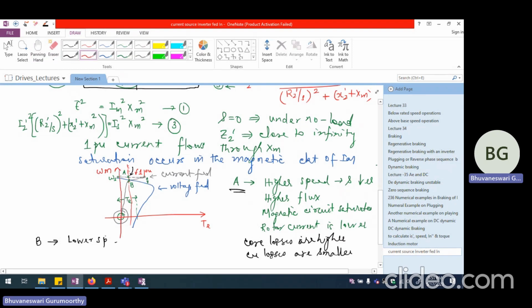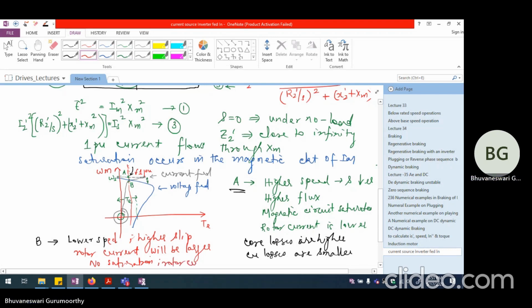So this is lower speed, and we are going to have lower flux, higher slip. So that means the rotor current will be larger. Magnetizing current will be smaller, which means no saturation. So rotor copper losses will be higher.